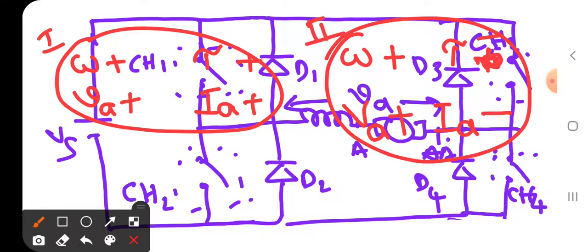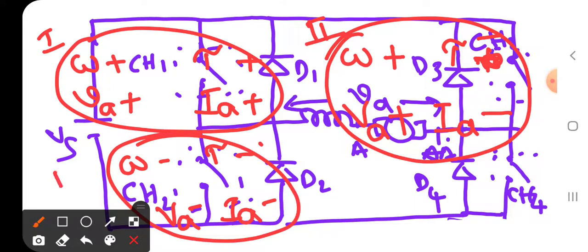What about the third quadrant? Both are negative: omega negative and torque negative. That means VA is negative and IA is also negative. Next, the fourth quadrant.